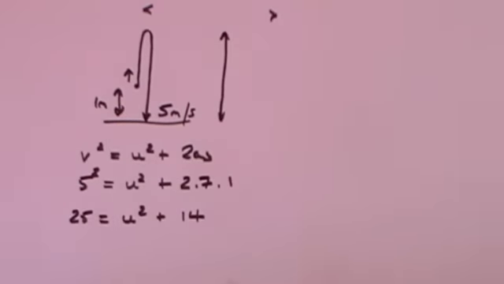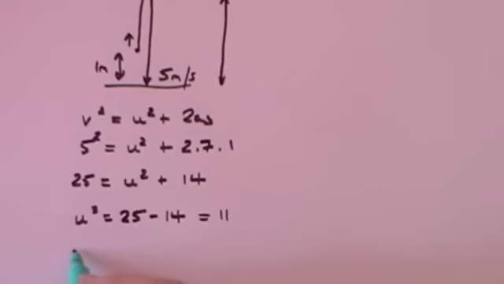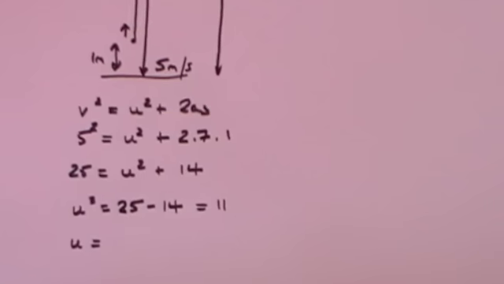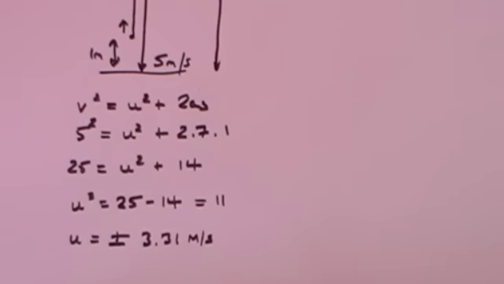And now I can get that u squared is equal to 25 minus 14, which of course is 11. And that means that u is, now when you take the square root of 11, you're going to get two answers, plus and minus 3.31 metres per second.